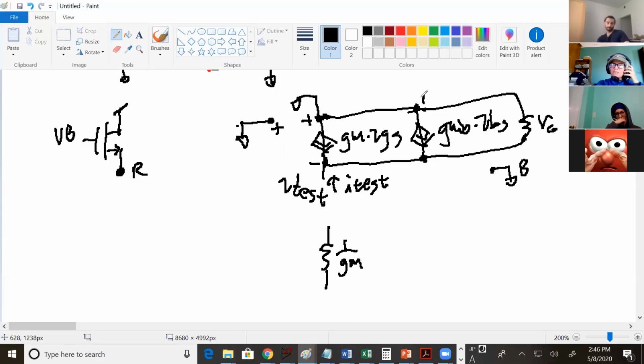Is this voltage equal to this voltage? Yeah, so when you were looking at VBS here, you saw that that was the same. So VBS is 0 minus VTest, and the voltage across this is also 0 minus VTest. So this also goes to a resistor.